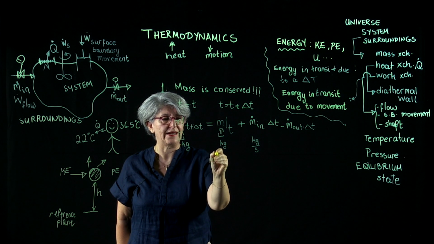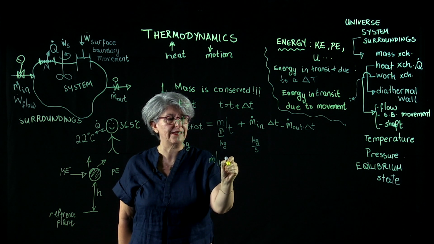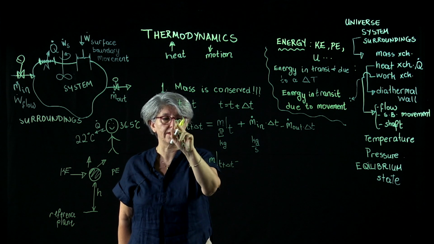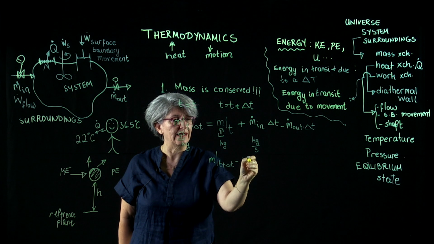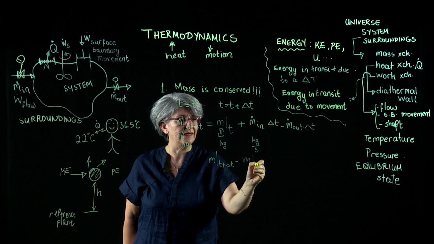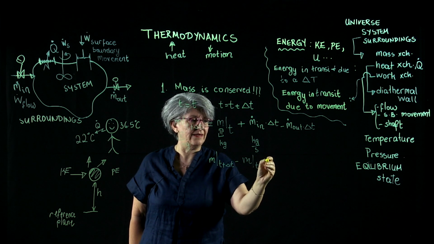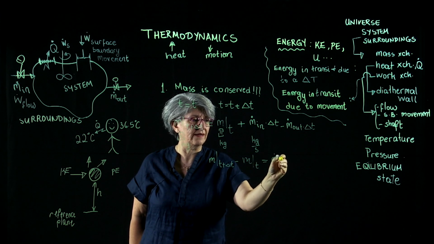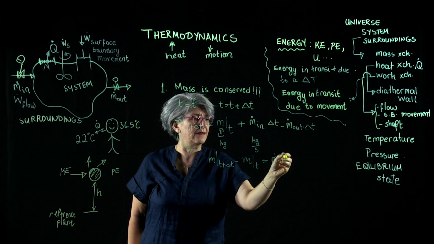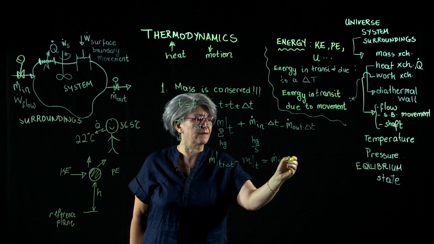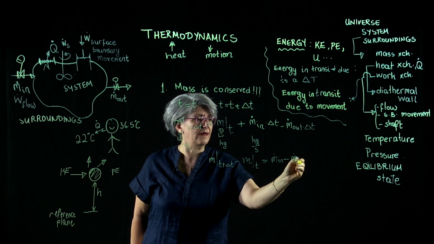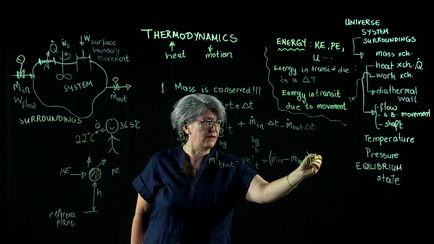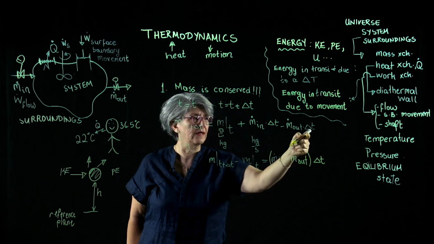M at t plus delta t, no, there's no dot, this is mass, minus m at t is equal to m dot in minus m dot out times delta T. It's the same term.